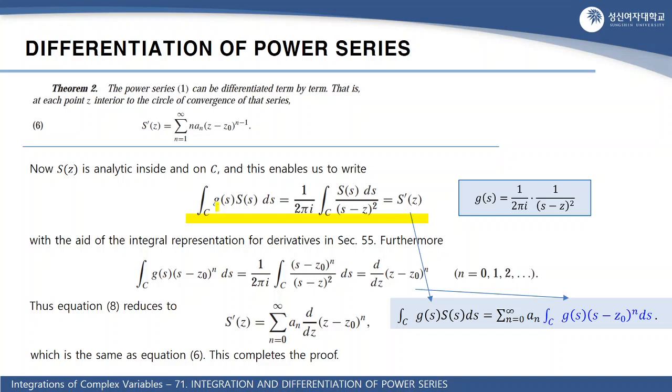So this part g(s) is replaced by this definition. Then we get this. Then we know the integral representation for the derivative in section 55. So this is exactly S prime of z.